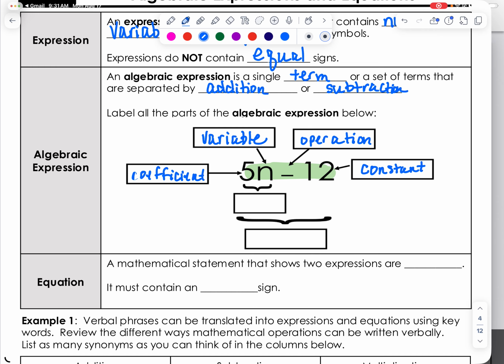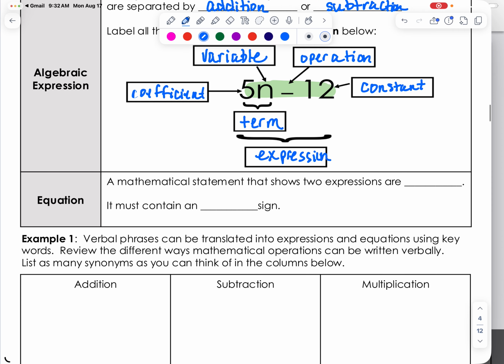So if you see a number that does not have a variable attached to it, it's called the constant term. Now, this expression 5n is simply a term of the expression. And the whole thing is called the expression. Notice that it's an expression because there are no equal signs in this expression, 5n minus 12.